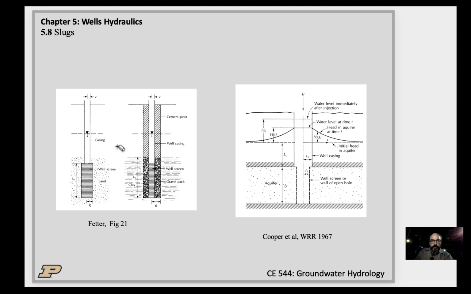Okay, so this is a general geometry, and you can see already that this might be a problem when you have the radius here of the casing, right? The casing is that pipe that goes into the ground, and the screen itself might have different diameters. Sometimes, as you can see here on the right hand side, you can have a screen inside and then some gravel pack around it that has obviously a very different hydraulic conductivity than the actual aquifer.